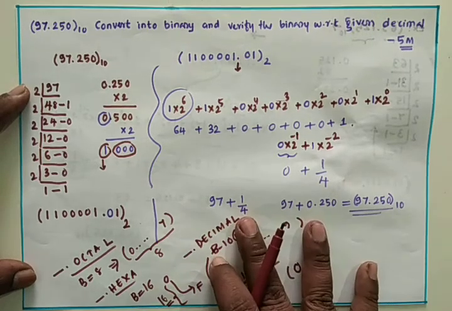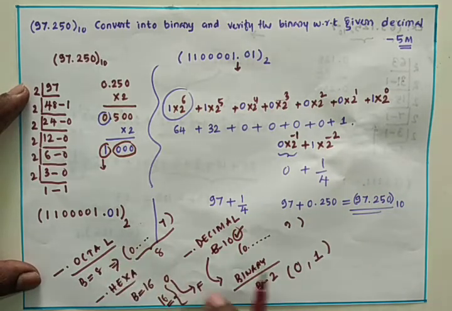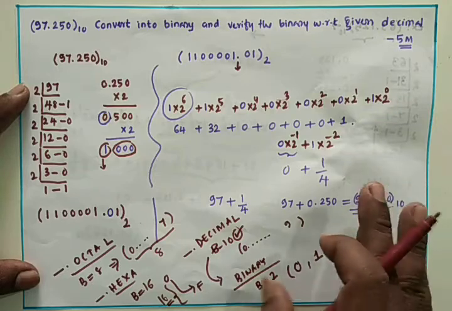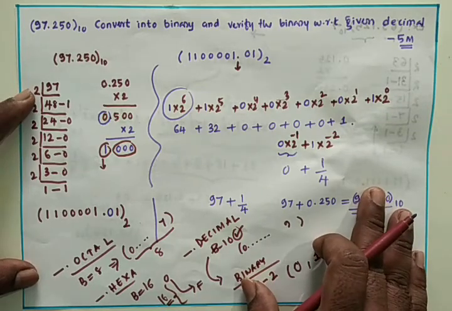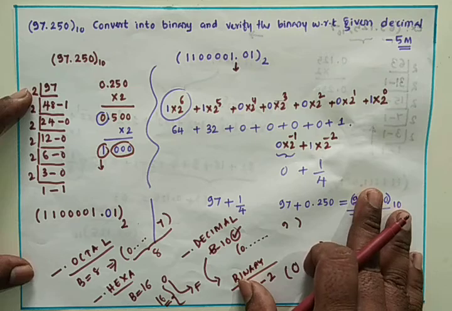So in next class I am going to talk about the octal and the hexadecimal number systems. After completing them, we can also study how the decimal number will be converted into the octal, and into the hexadecimal, and vice versa.